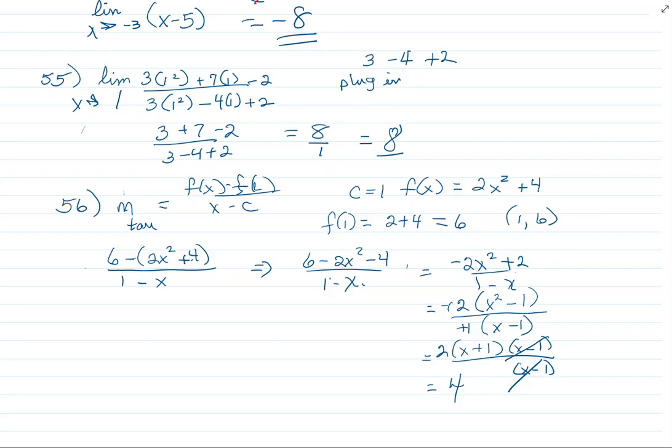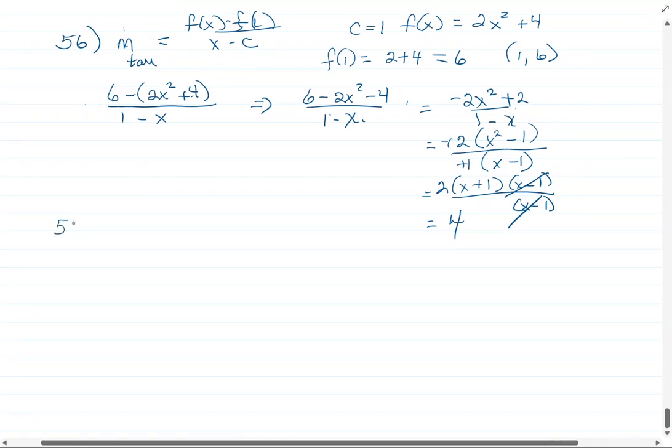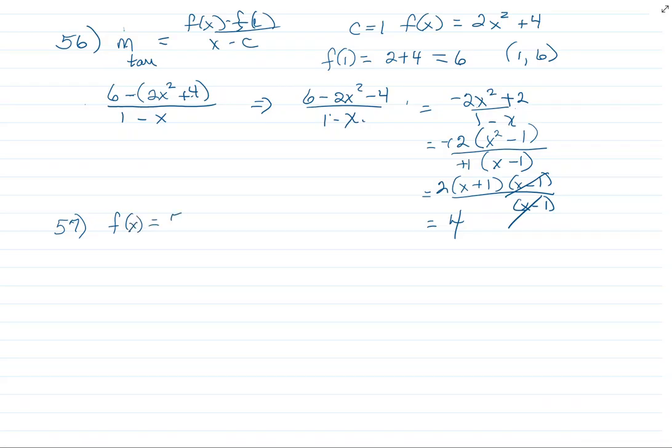This one says f of x equals 5x squared plus x for the point negative 4, 76, and they want us to find the slope. So we want m tangent, the tangent line. All right.